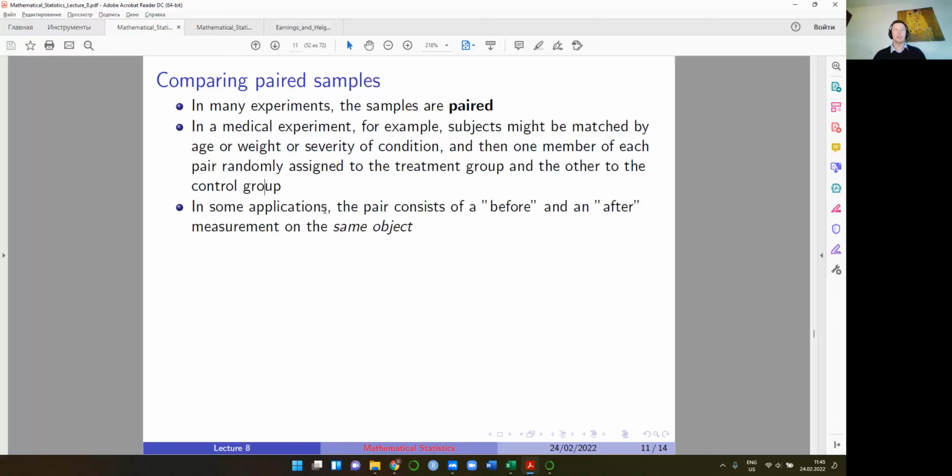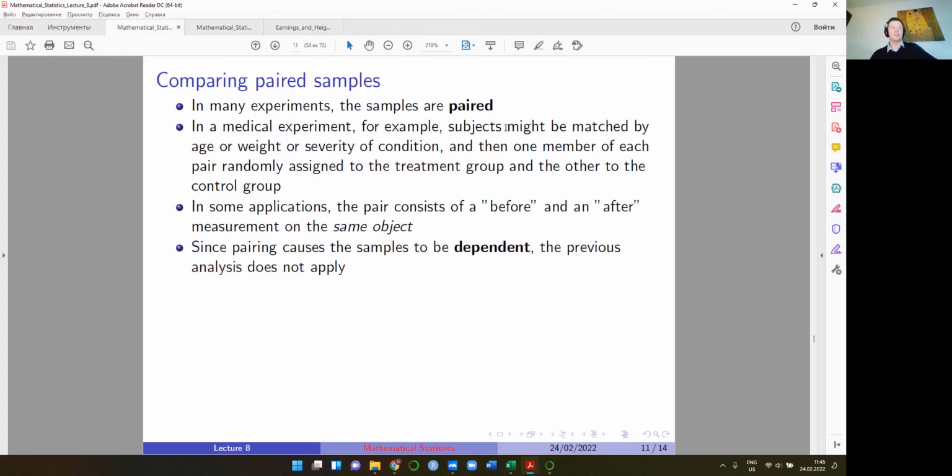In some applications, we want to see the effect before and after for the same object, right? So dynamically, we want to collect the data on some sample of people, let's say, before a treatment and then after the treatment. In both cases, we have something which is called a paired sample.